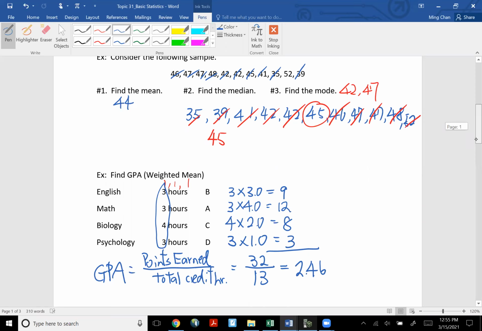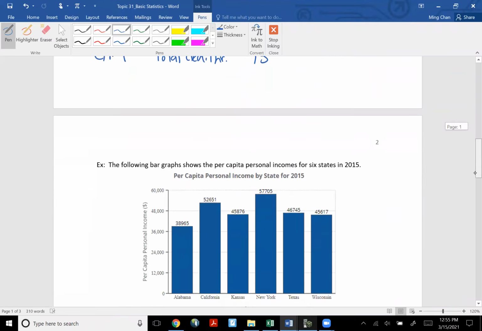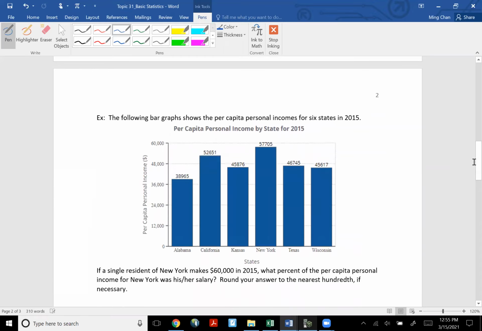All right, let's take a look at some graphs. This is a real good example of a bar graph. The bar graph shows per capita personal income by state for 2015. If a single resident living in New York State makes $60,000 in 2015, what percent of per capita personal income for New York was his or her salary?